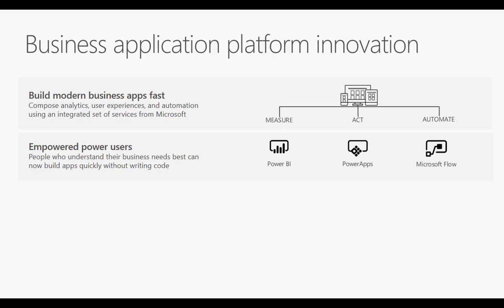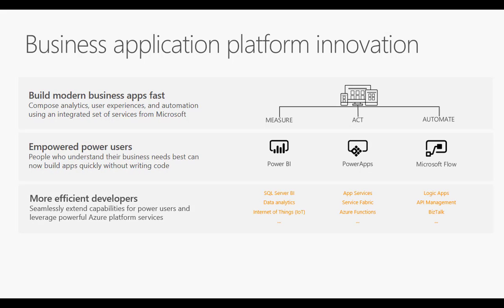Now, if we have a look at what's available for creating business applications these days, we have the 3 citizen developer type tools. So we have Power BI, we have Power Apps, and Microsoft Flow, which we have talked about. So again, in general terms, Power BI allows you to measure and report. Power Apps actually takes action, so it allows you to put in information, capture information in forms, and automate, as we've spoken about, is what Flow allows you to do.